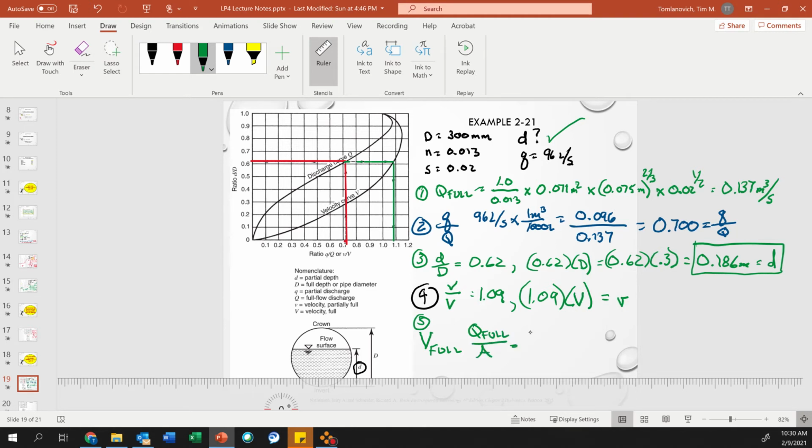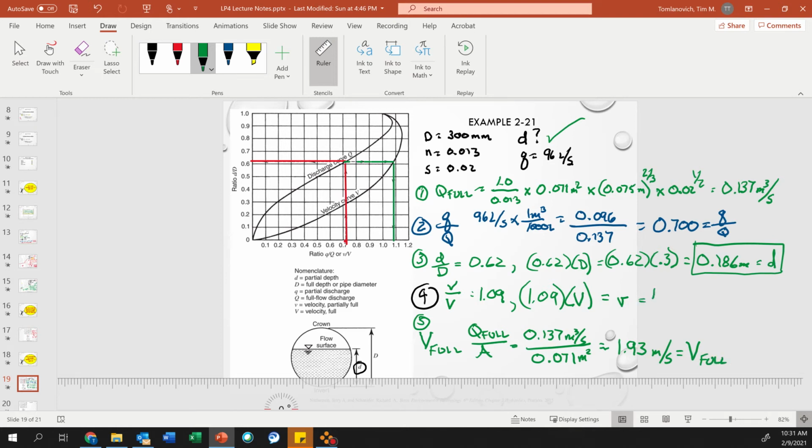And that is 0.137 cubic meters per second divided by my area, which is 0.071 meters squared. 0.137 divided by 0.071, I get 1.93 meters per second equals V full.